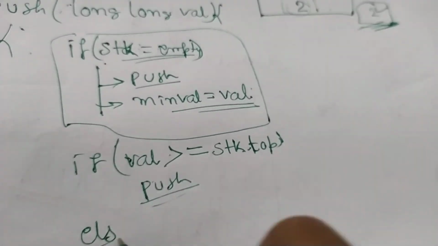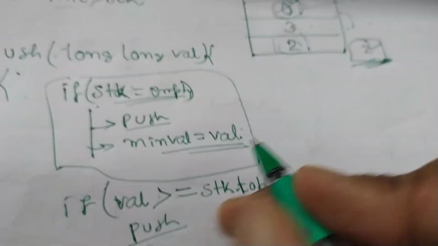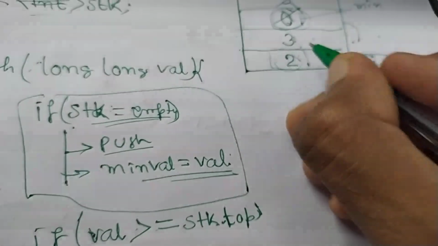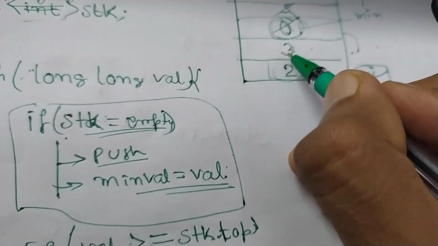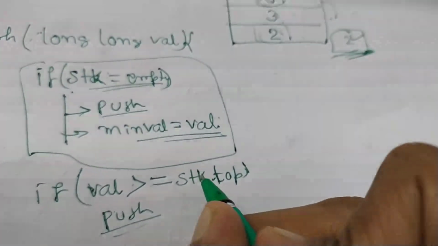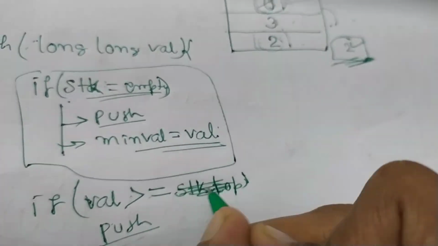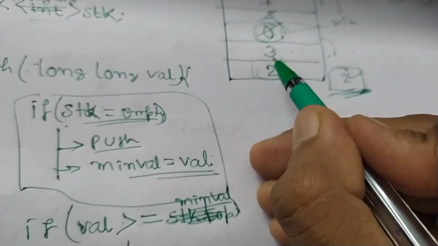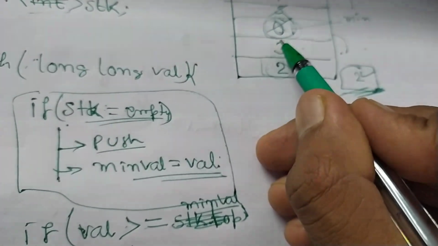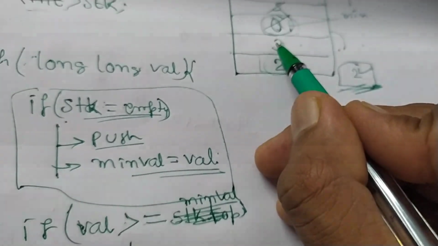But if the value is less than our stack top, like in this case 0 is less than our 2, we won't be comparing it with 2. It would be better to compare it with the minimum value. So 3 is greater than our minimum value, that was 2, so we have inserted it.